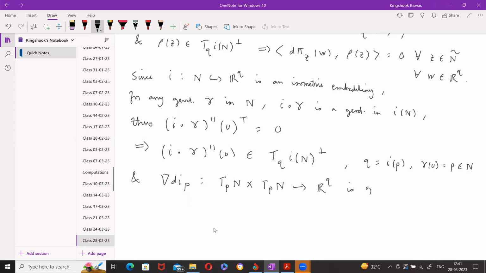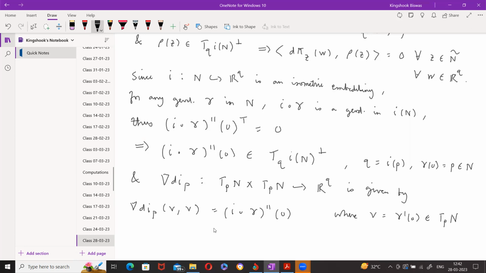So this is given by, second fundamental form, nabla di of P acting on V comma V is I composed gamma double prime of 0, where V is equal to gamma prime 0 in TPN.